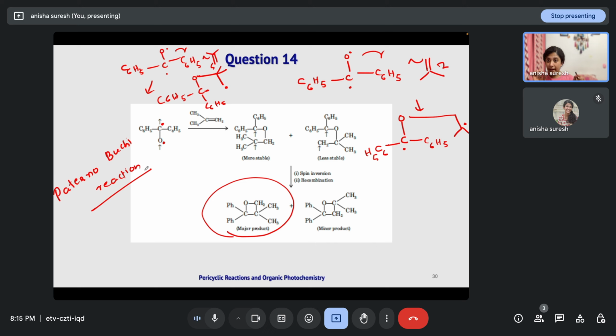But in the case of the minor product, the radical that will be formed will be less stable, that is a primary radical. Because of that, the minor product will be formed in less amount, and the major product will be formed in more amount, because it is favored because of the stability of the tertiary radical compared to that of the primary radical. Is it clear?